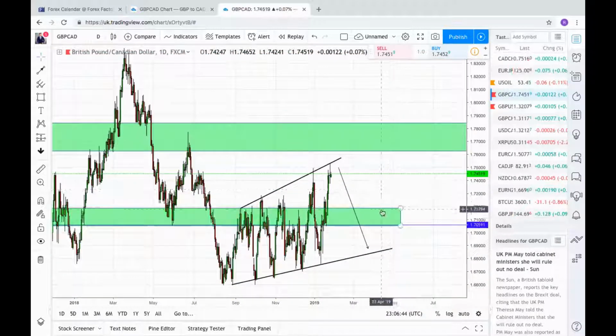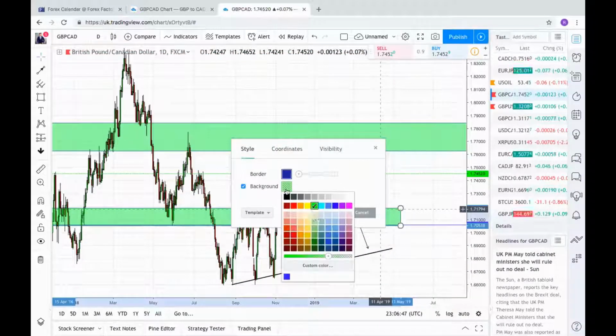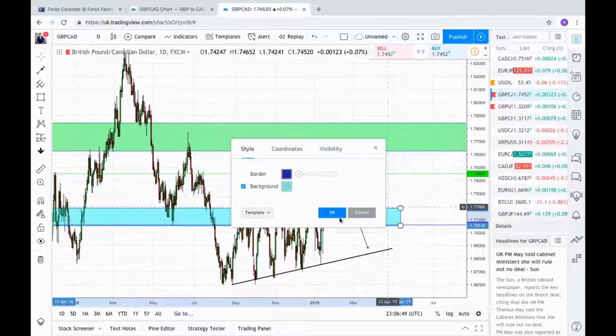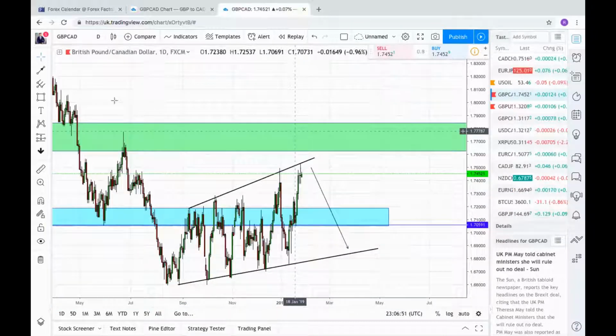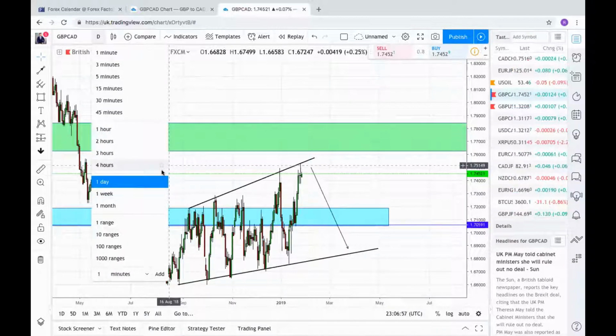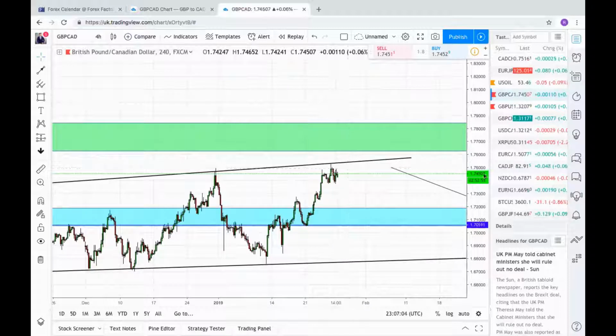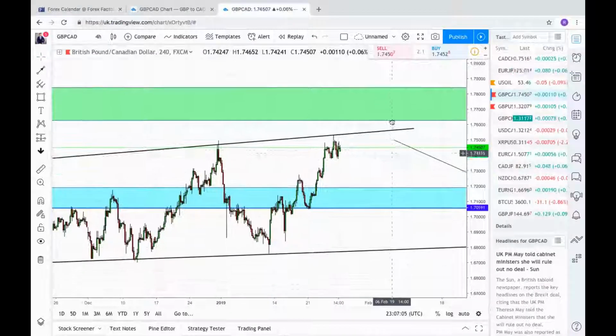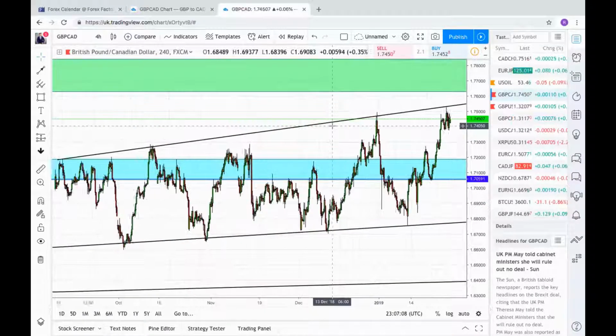Let me change this zone to blue, because this is daily resistance, just for your clarity. These are very rough boxes and very rough analysis, but this is just here to make you understand how diving through different time frames can help you gain better entry points when trading.